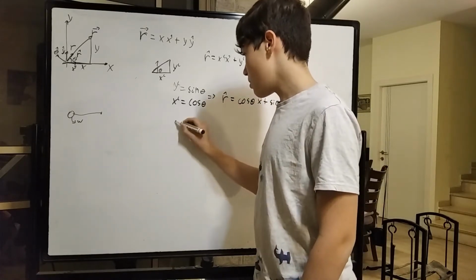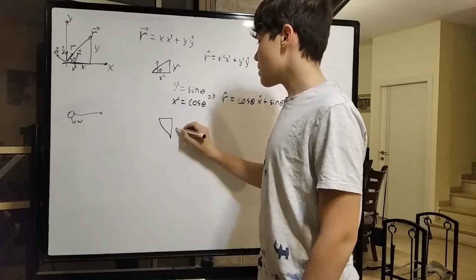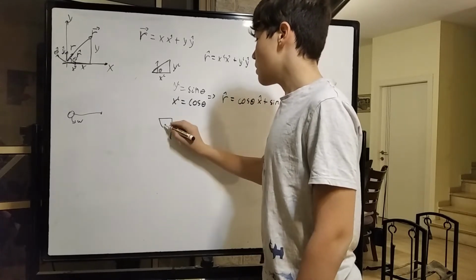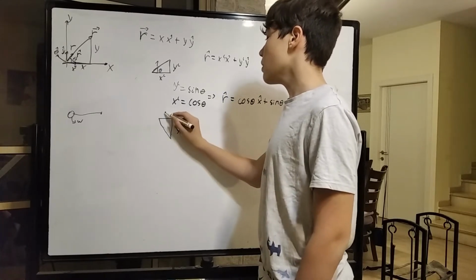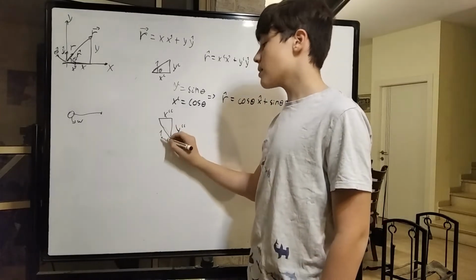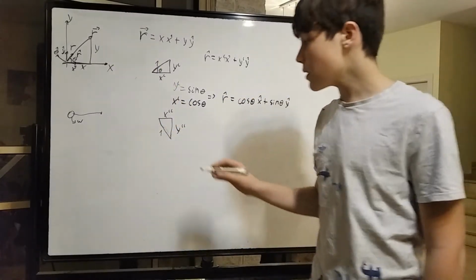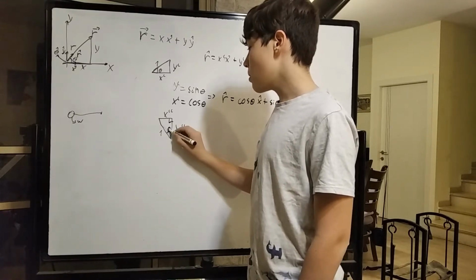But anyhow, now we have this, and I'll call these y double prime and x double prime. And again, because theta hat is a base vector, this is 1, this is a 90-degree angle, and this is theta.